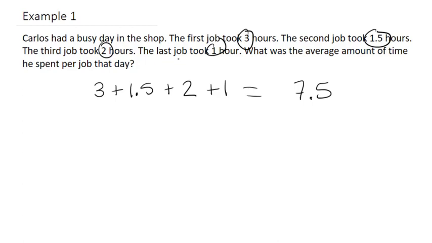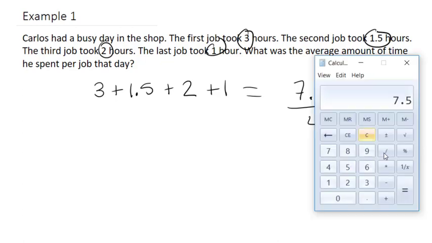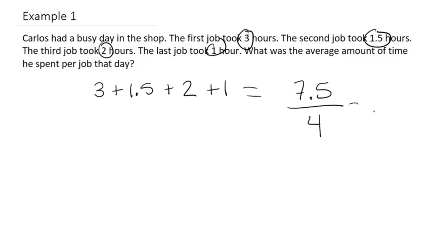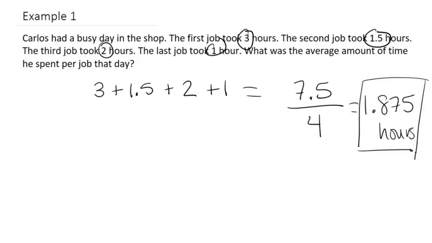So we have 4. So what we do now is we take 7.5 and divide it by 4. And we get 1.875, and that's the average amount of time it took per job for Carlos that day.